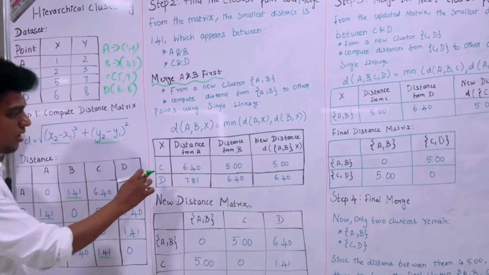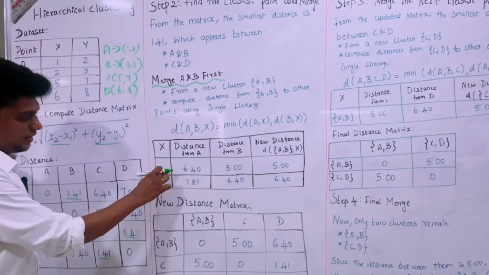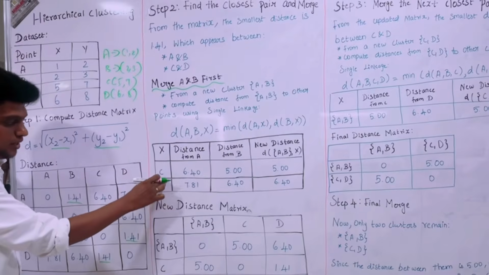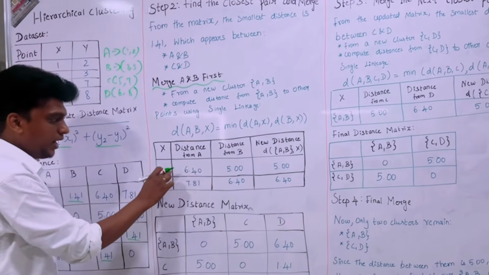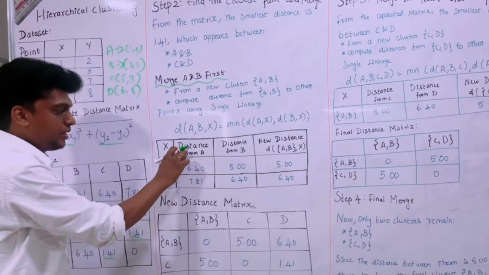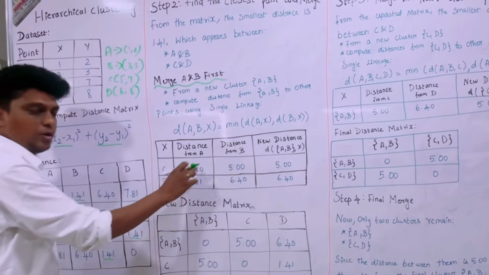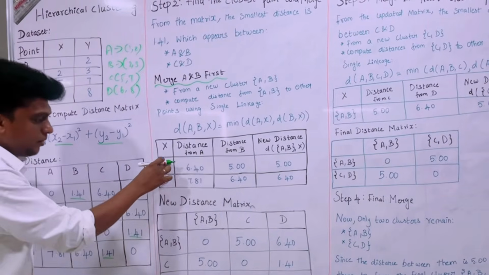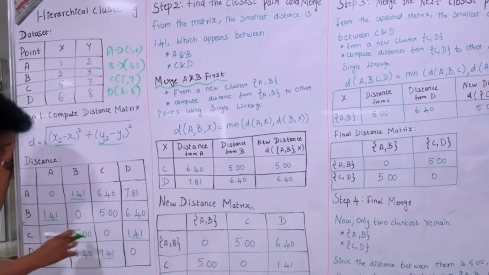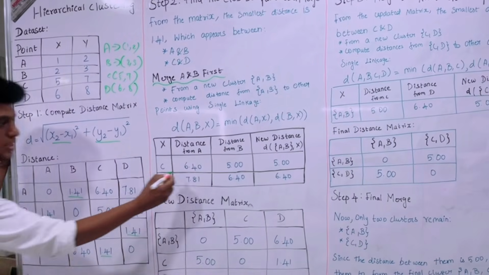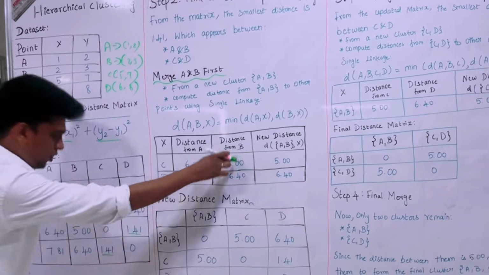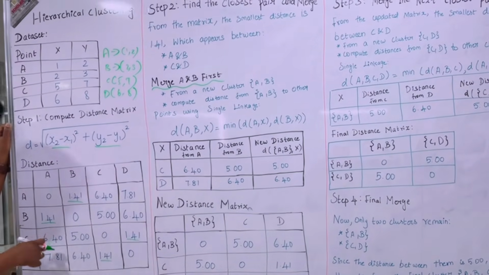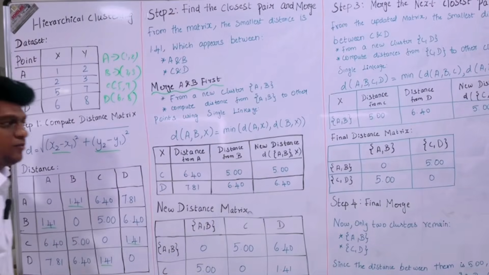From this table, first identify the remaining points C and D, because we are going to merge A, B. We should calculate the distance from A and from B. From the table we know that from C to A it is 6.40 and from C to B it is 5. Likewise, from D to A it is 7.81 and from D to B it is 6.40.